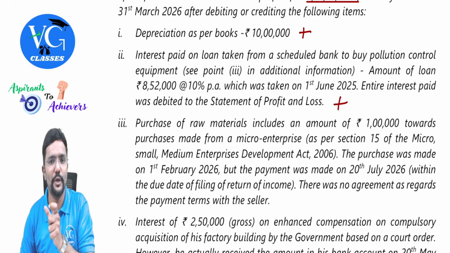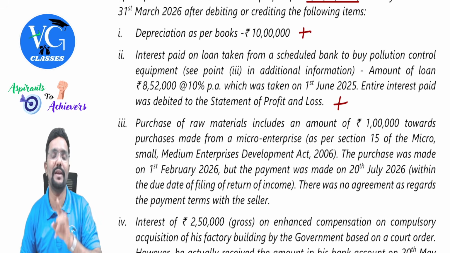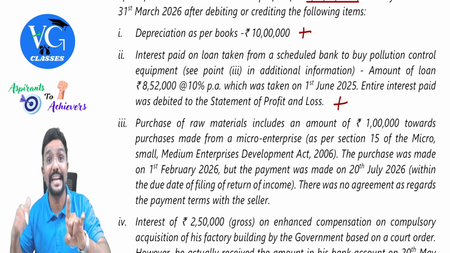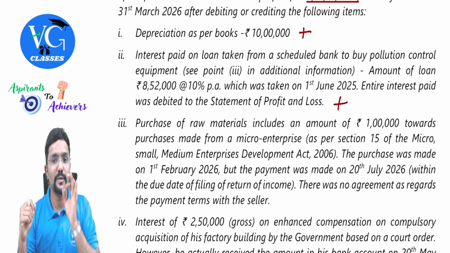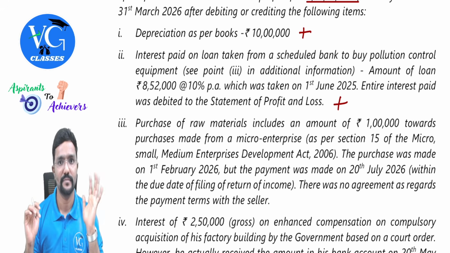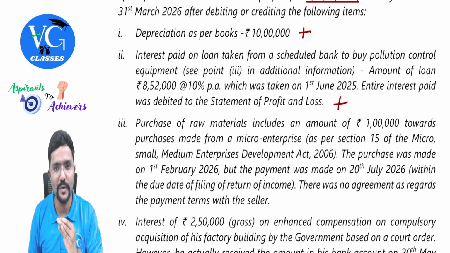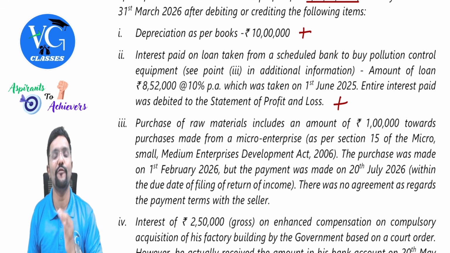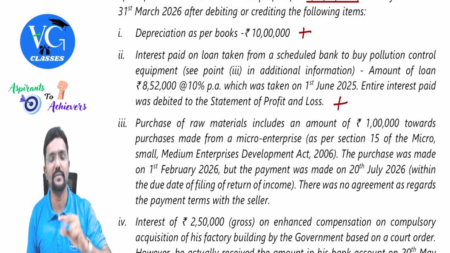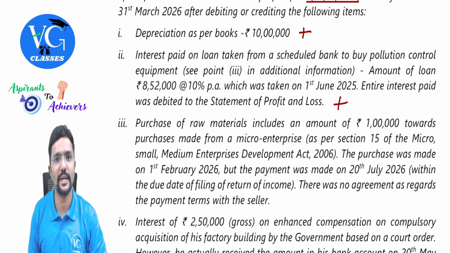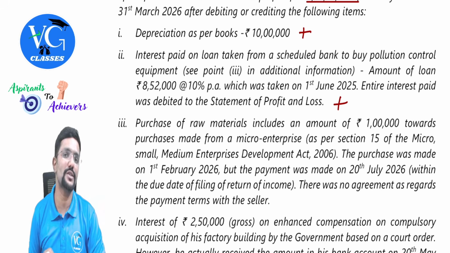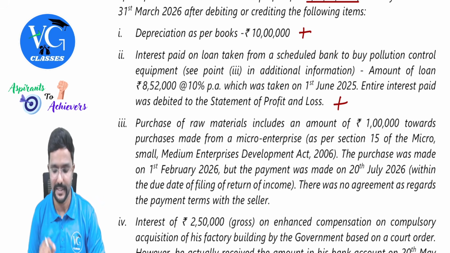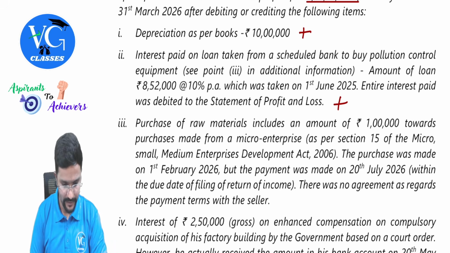Only 8,52,000 into 10% into 4 by 12, only that part which we are adding to the cost. We will claim depreciation on the increased cost, right? So that part has to be added here. That is the interest component which is capitalized to calculate the cost of an asset. Section 43 subsection 1 talks about the actual cost of an asset to add it to the block, guys. Okay, sir. Fine. Next.